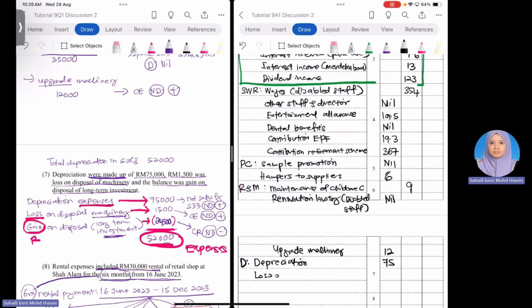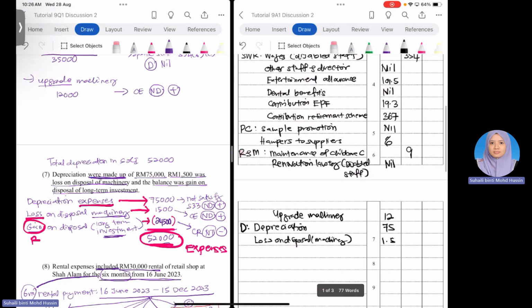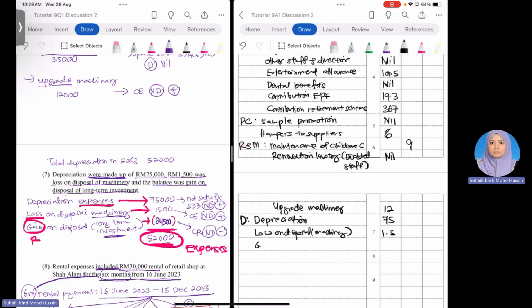So loss on disposal of machinery, added back 1,500 ringgit. And then we have another item in number 7, gain on disposal of long-term investment.